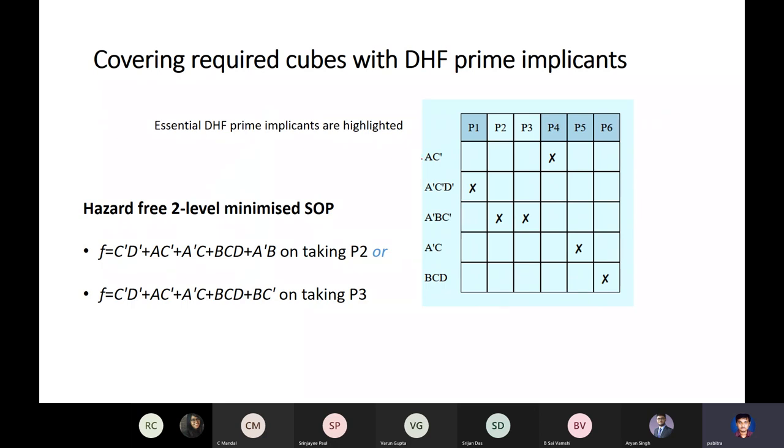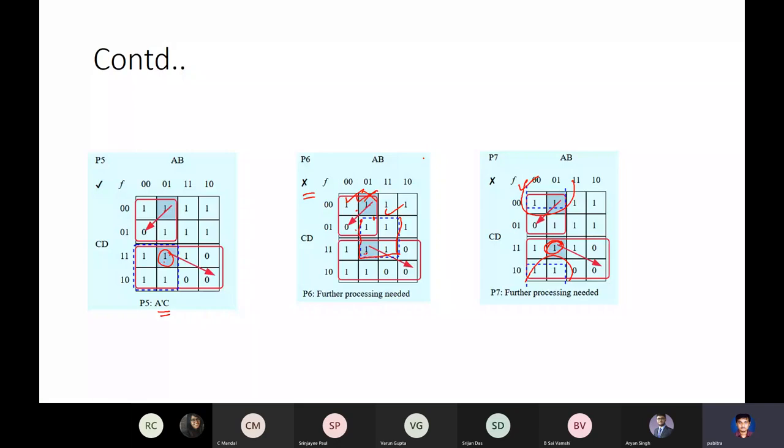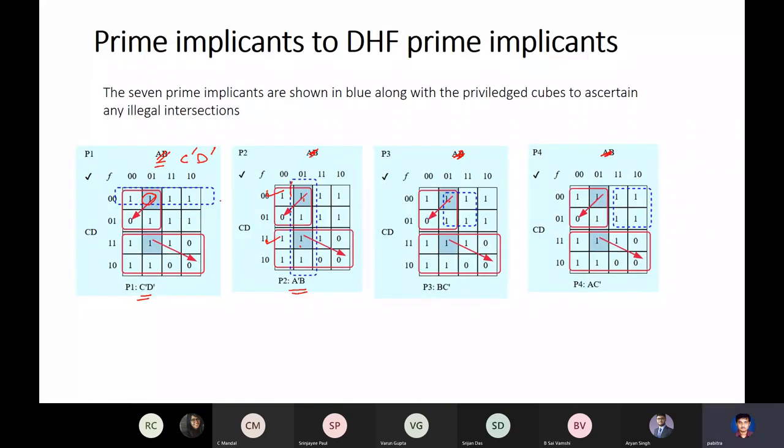So I am left with AC prime, A prime C, C prime D prime, A prime B, BC prime. These prime implicants are DHF.